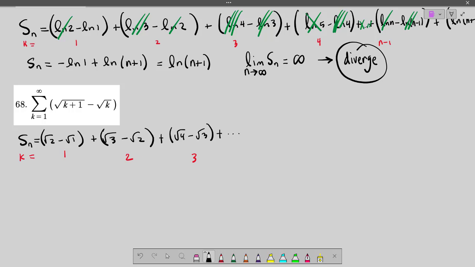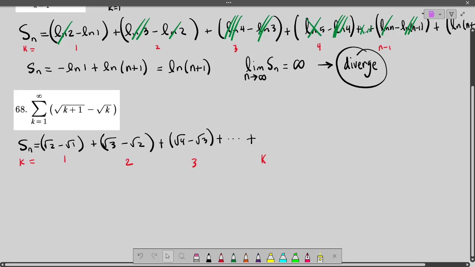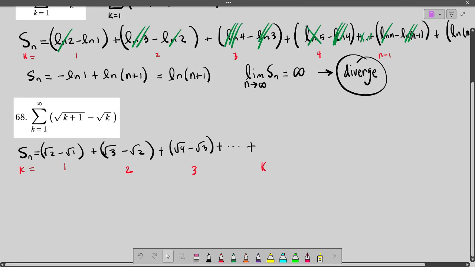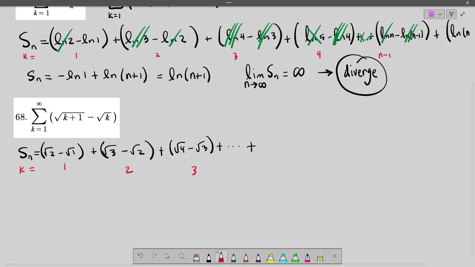And then some middle terms. And then we need to figure out what's happening down here. So we're going to let k equal n minus 1. Let's not try to do anything fancy today. So k is going to be n minus 1, and then k is going to be n.